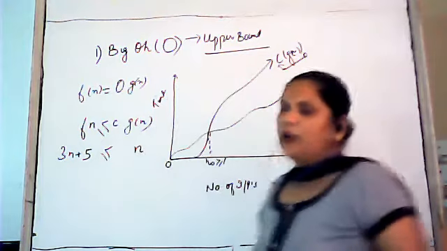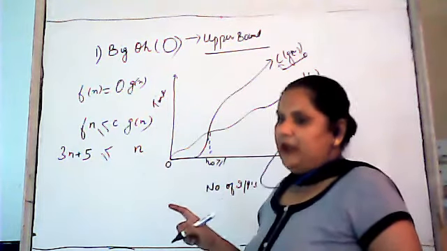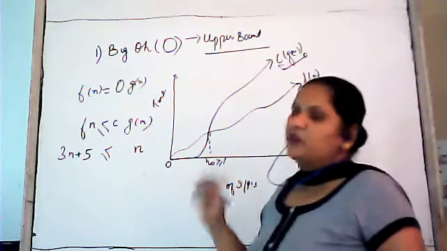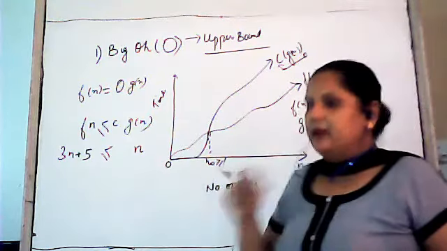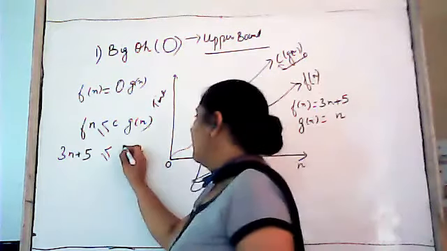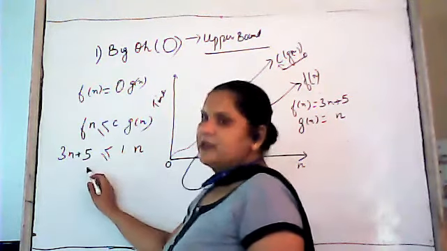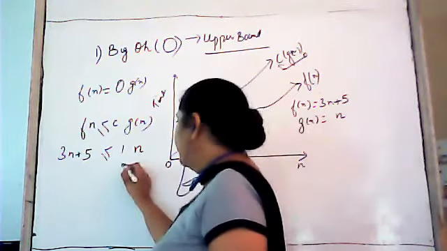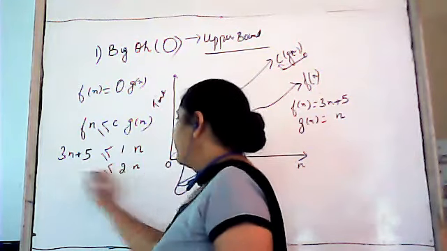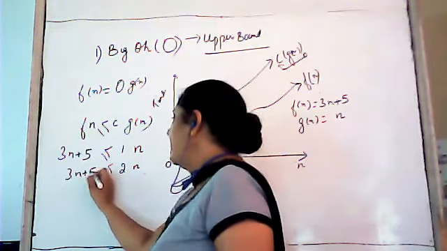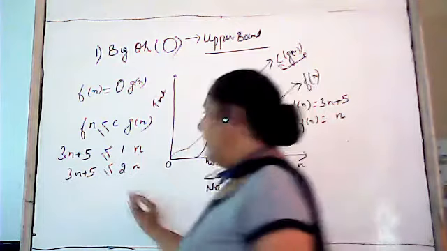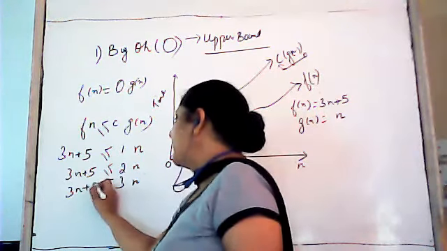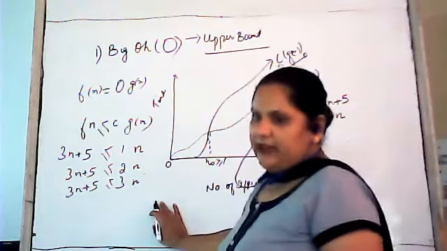Now, what constant should I multiply with n so that 3n plus 5 becomes smaller than it? Let's try. If I put 1 times n, 3n plus 5 is not less than n. If I put 2n, 3n plus 5 is not less than 2n. I will put 3: 3n plus 5 is not less than 3n.